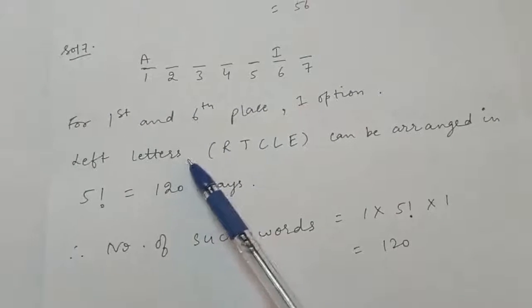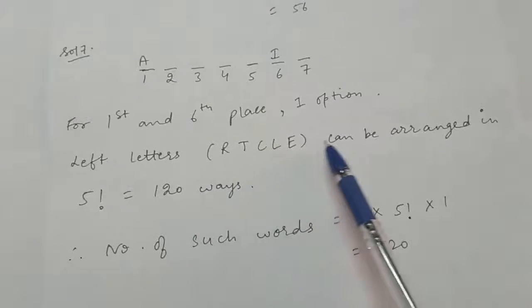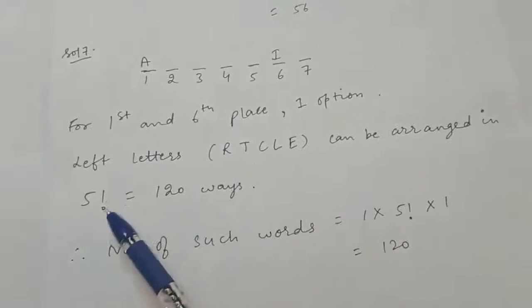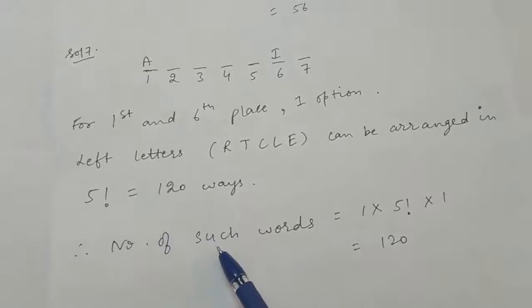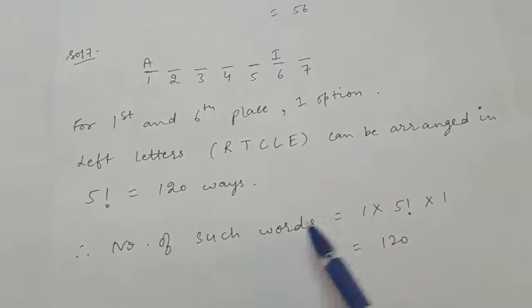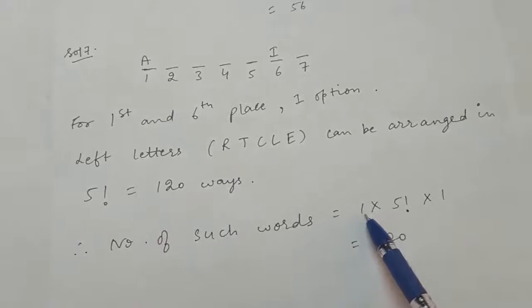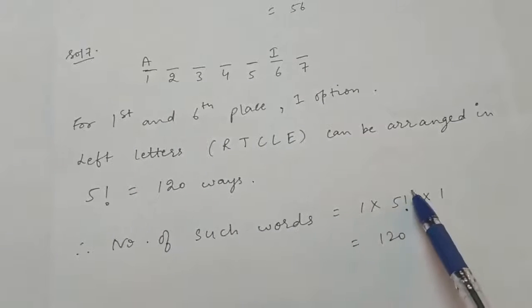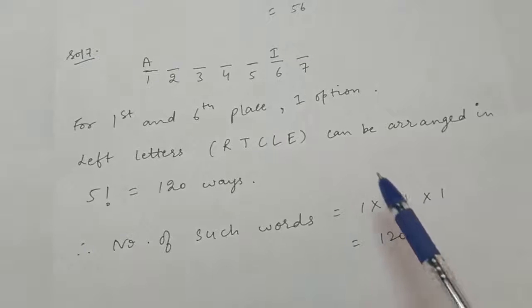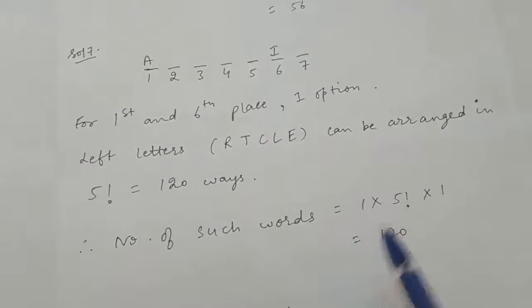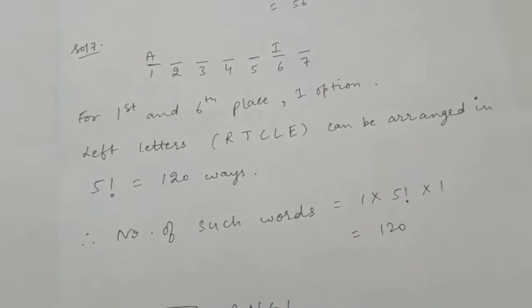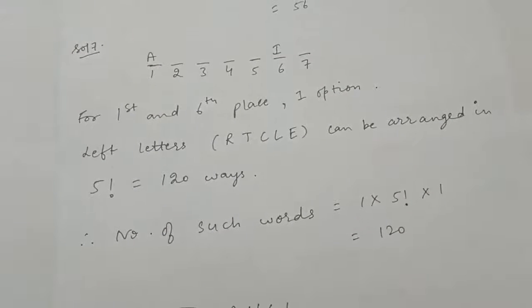And left letters are also 5, which can be arranged in 5 factorial ways, that is 120. So number of such words which can be formed are 1 option for the first place, 5 factorial options for the left 5 places, and 1 option for the 6th place. That is in total 120 ways, right?